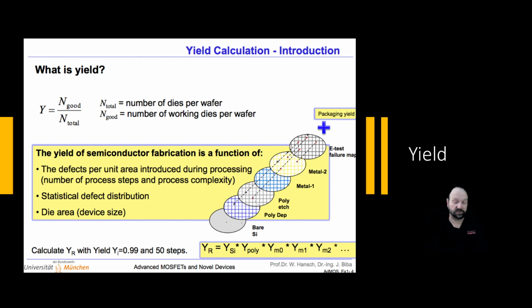You might say, hey, I'm doing pretty good because at the poly dep step, I only have 1% yield loss, so I have 99% yield. But if you do that at every layer, 99 times 99 times 99 percent, you end up with something like 80% when all is said and done. So that's 20% of the chips that should have been working end up not working.